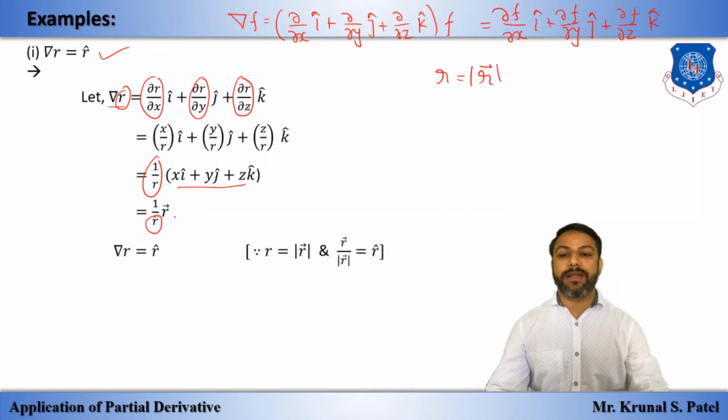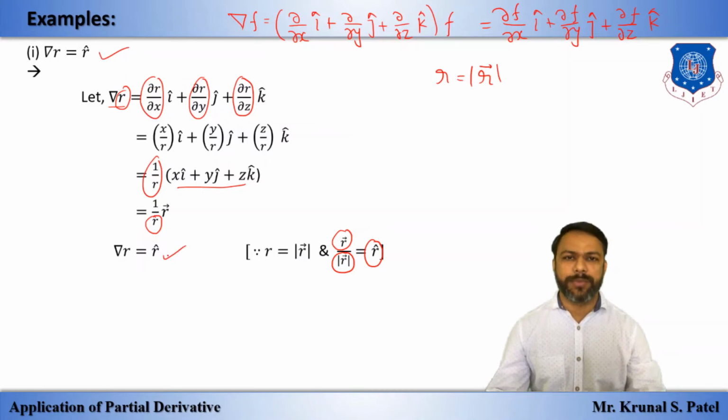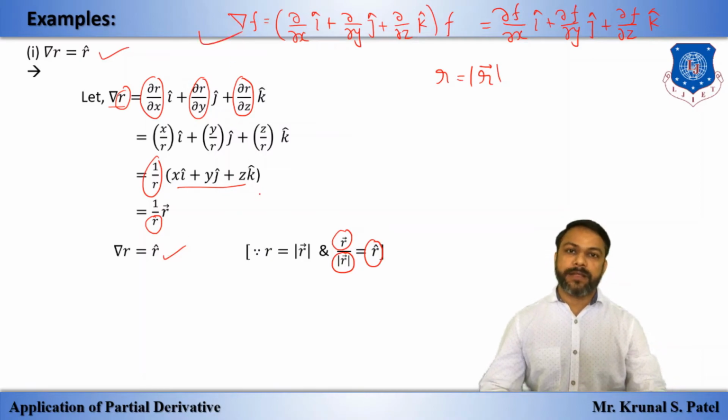So we have vector r upon magnitude of this r, which is our r cap, that means unit vector, and hence it is proved. So simple. We are just using derivatives only and this formula of grad.